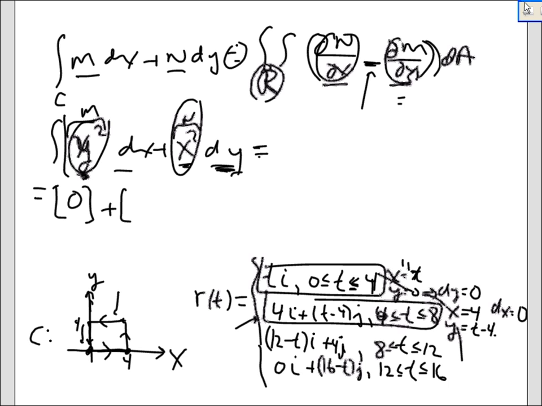So this first piece will be 0, because dx is 0. Then we get x squared, which is 4 squared, which is 16 dy. But y is t minus 4, so dy is dt.